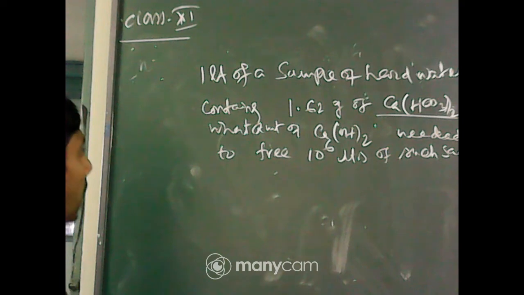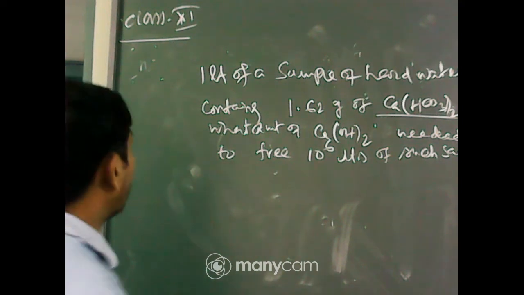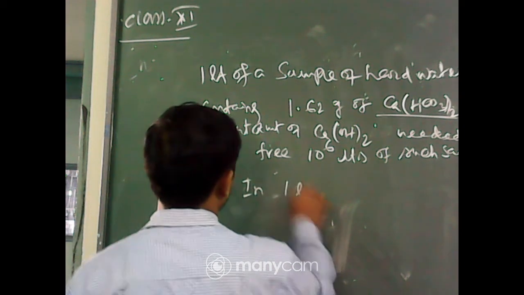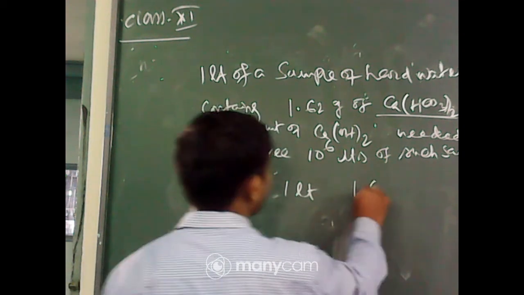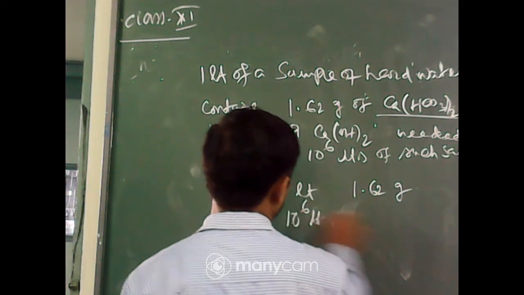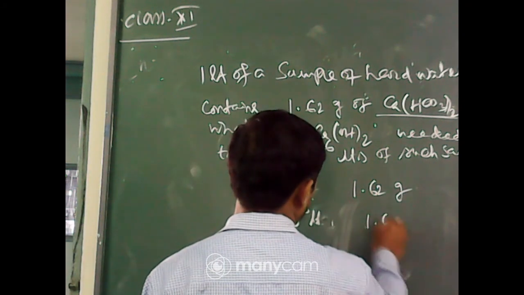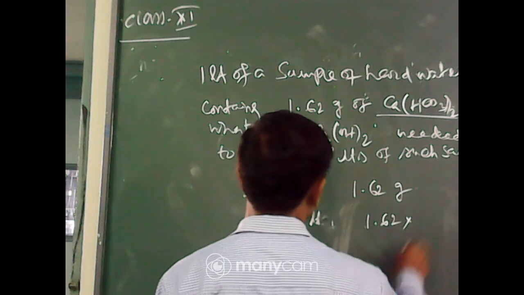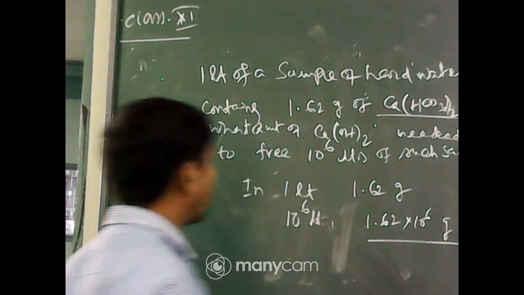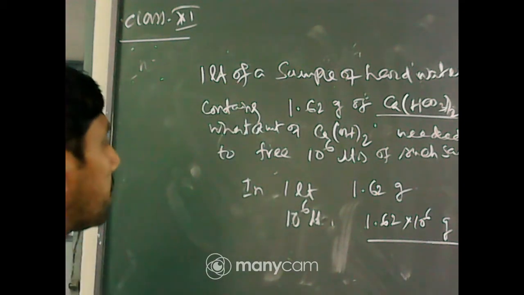Calcium hydrogen carbonate is present in 1 liter, 1.62 gram. In 10 to the power 6 liters, it is 1.62 into 10 to the power 6 gram. This amount of calcium bicarbonate is present.